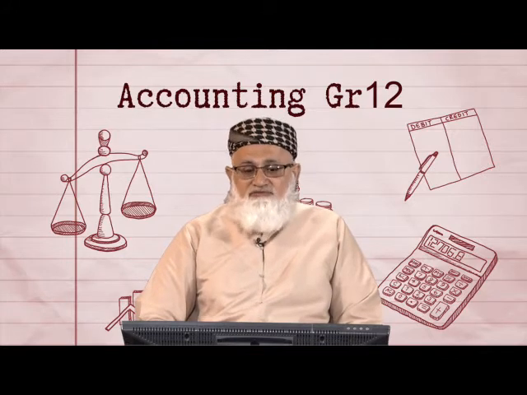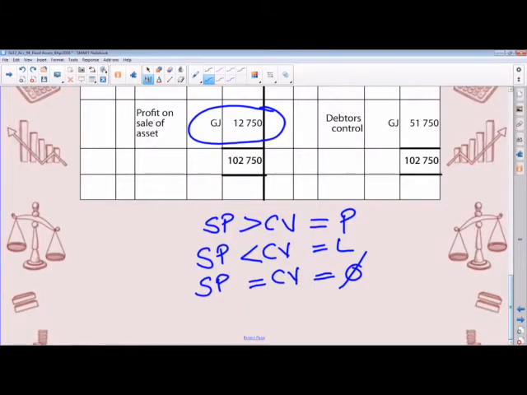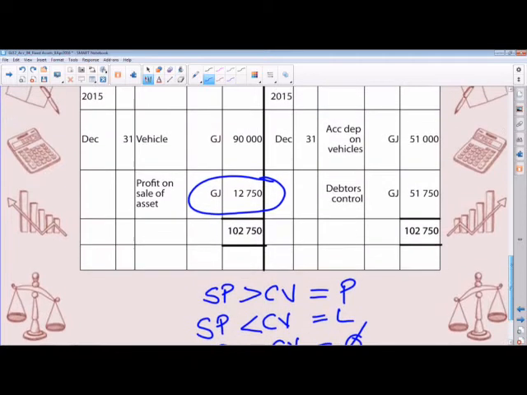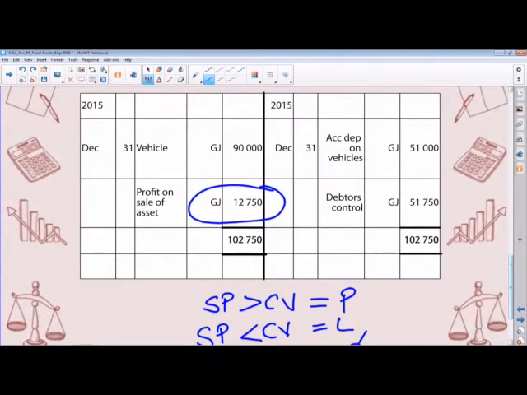Okay, grade 12s. Now, look at your asset disposal account. There's your cost price. There's your accumulated depreciation. And you will notice that the asset was disposed of with a selling price of 51,750, and you have it as your detail debtors control.